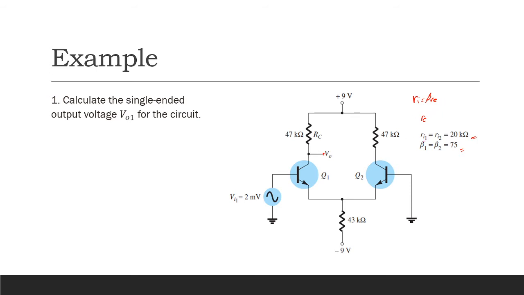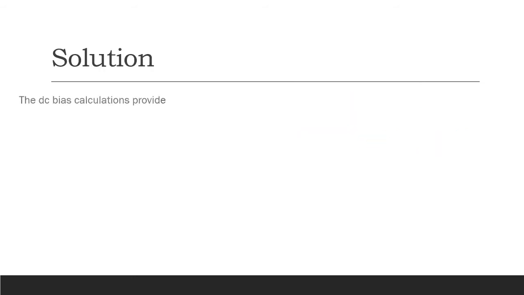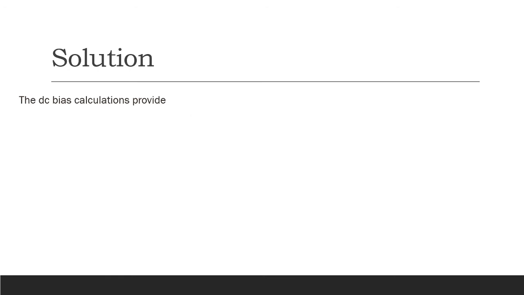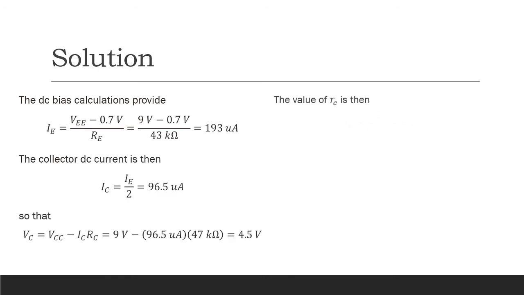Pero kung hindi given sa atin yung value ng RE, we have to solve for re muna. But in this case, hindi naman pinapahanap si re kasi given na yung internal resistance nila. For the DC bias calculation muna, akala ko given na yung RE.